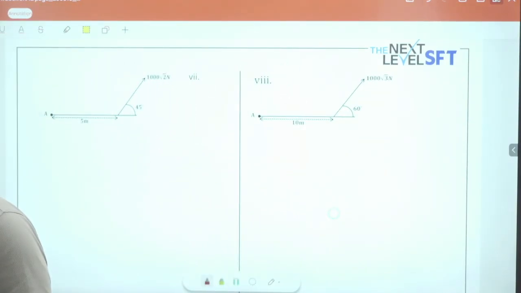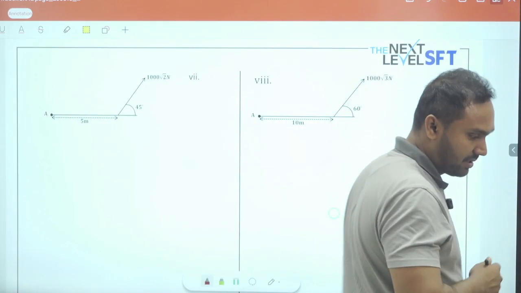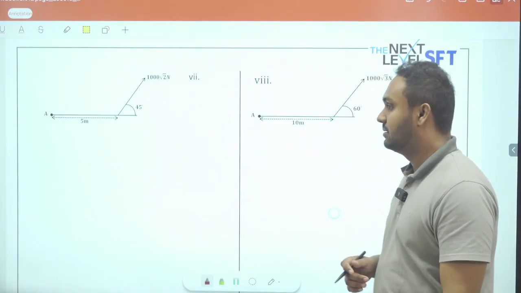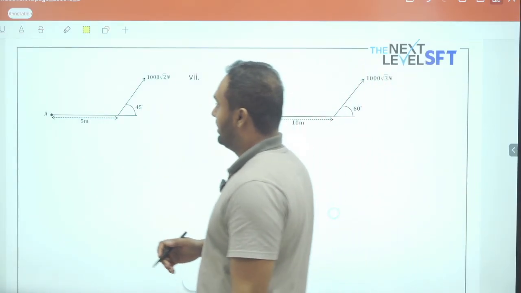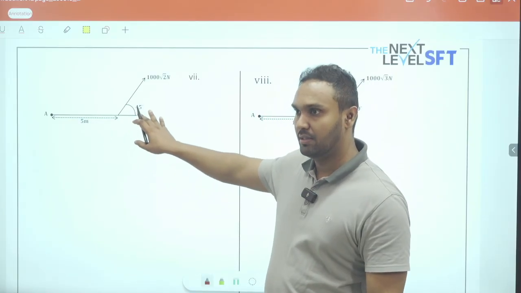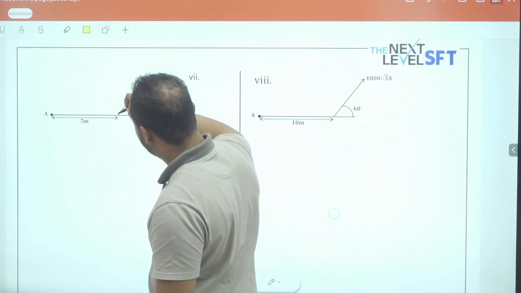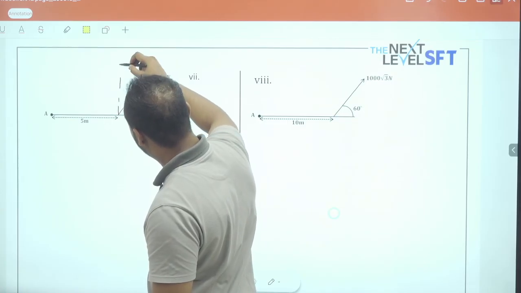You have to put the direction. Right, listen. Here you have to take the perpendicular component of this force, right?